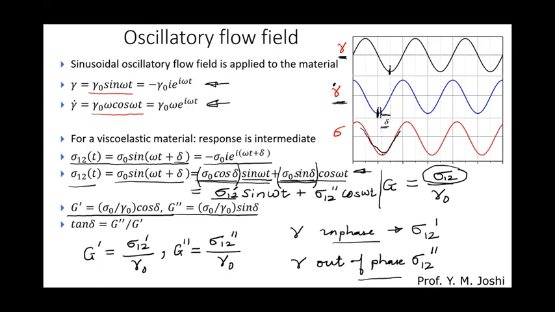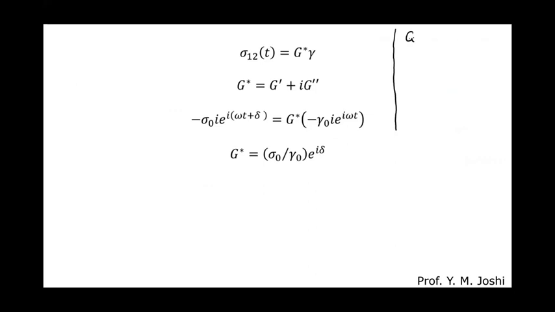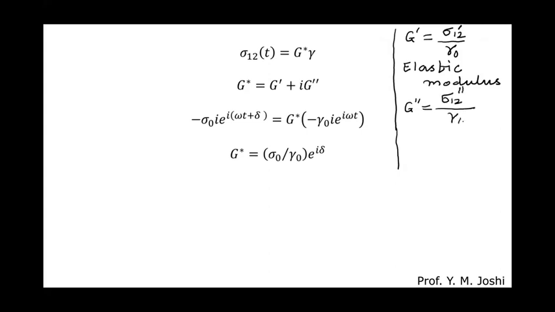All right. This particular G prime is known as the elastic modulus. So G prime is associated with that part of stress which is in phase with strain, and therefore it represents elasticity. This is known as the elastic modulus, while G double prime is equal to sigma 12 double prime by gamma 0.